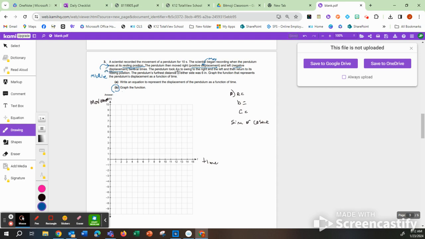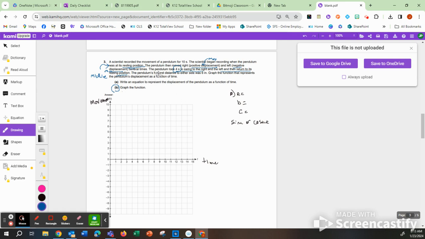The pendulum took 4 seconds to swing to the right and left, and then return to resting position. So that's a clue. So this 4 seconds, without giving this away, this whole process is happening in 4 seconds. So that 4 seconds is a really big clue of something that's important that's going to be in your equation.